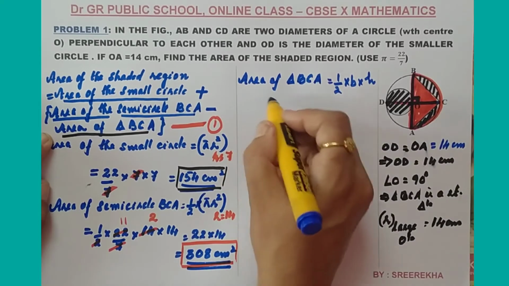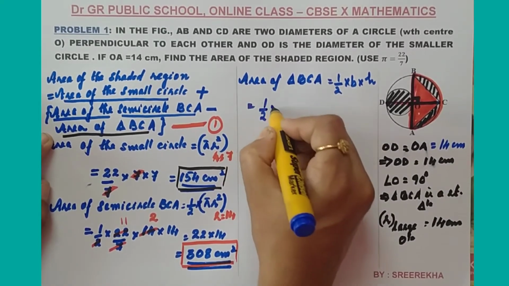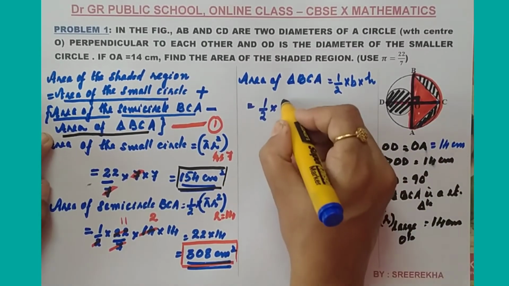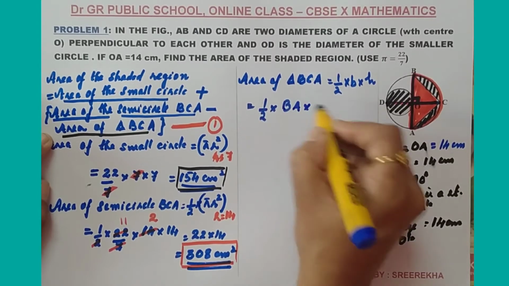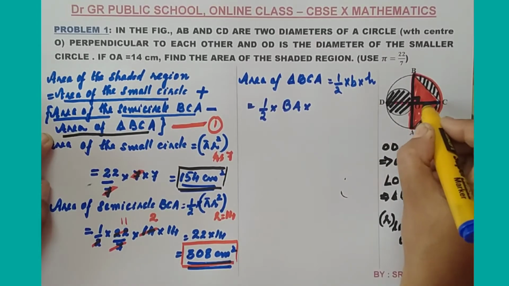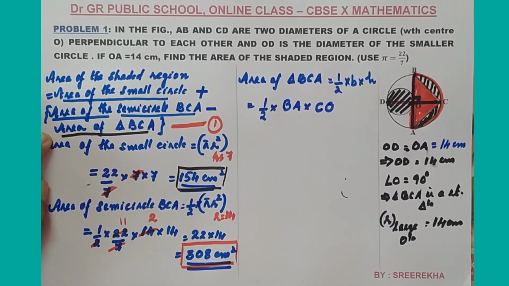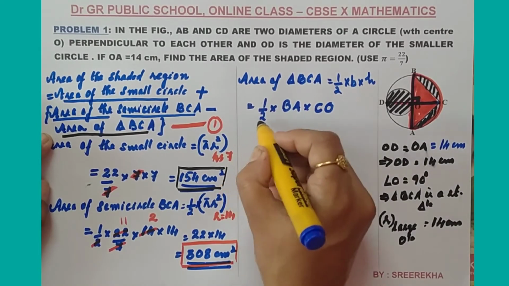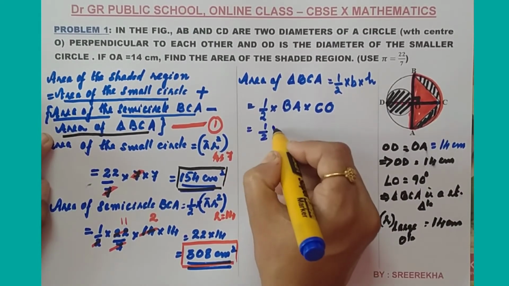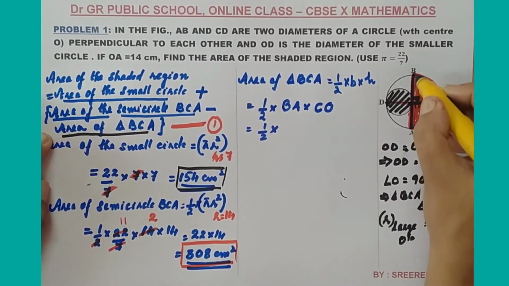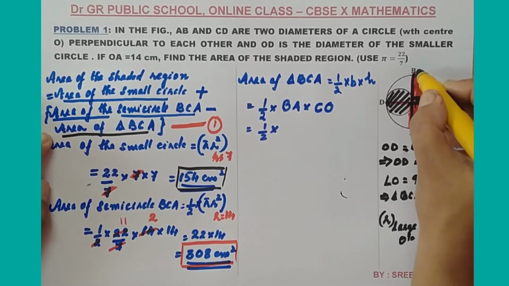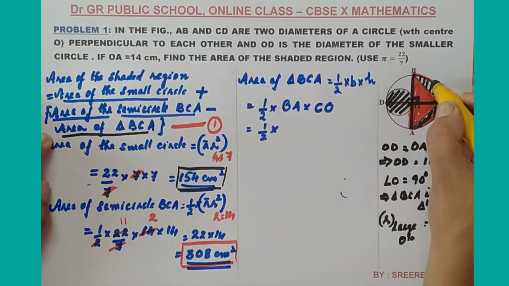Am I right? So half into what is the base for this triangle? BA or AB, into the height or altitude, the line which is perpendicular to the base, that you can take as CO. Any doubt? No. Now I am going to substitute the values here. Equal to half into BA. BA is actually the diameter of the larger circle.